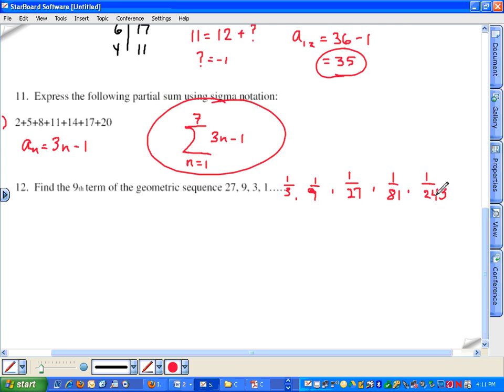So another way you could do this is to find the explicit formula. Since this is geometric, it's going to be modeled using exponential functions, b times r to the n. N represents what term of the sequence you're searching for.